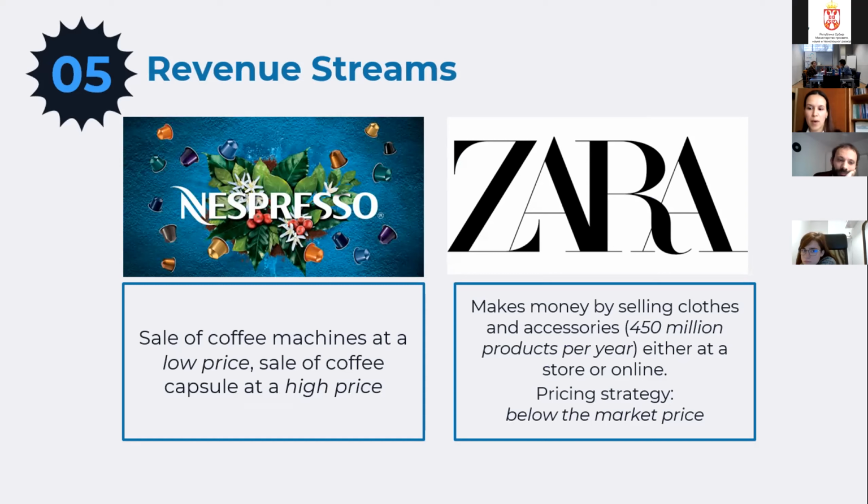Zara makes money by selling clothes and accessories either at store or online, but they choose to use prices for their products which are below the market price.